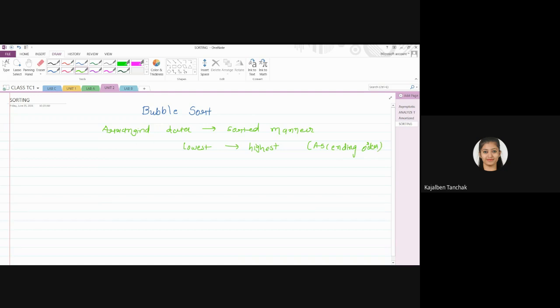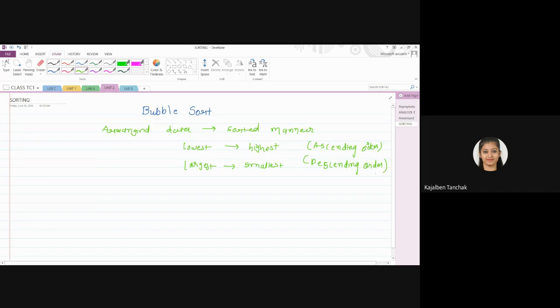And if you are sorting from the largest value to the smallest value, or highest to lowest, then it will be called descending order.